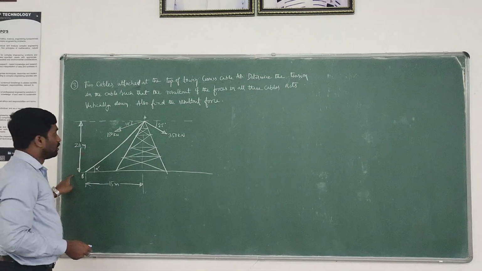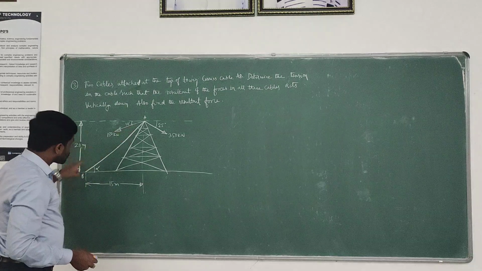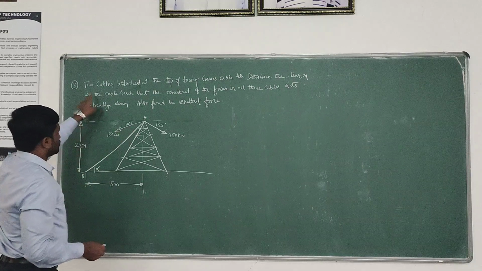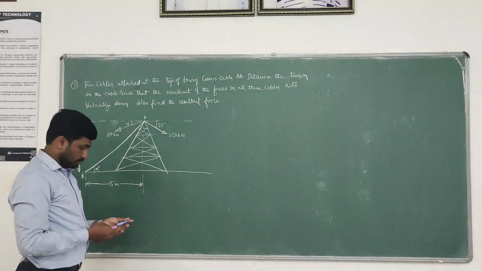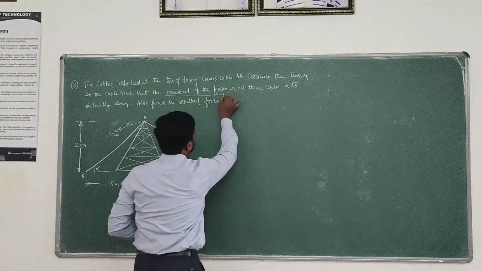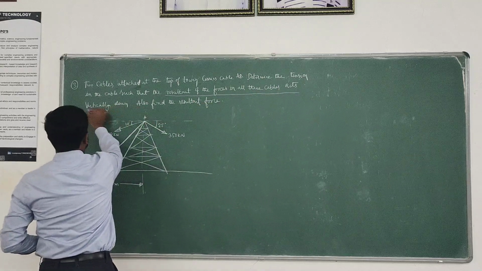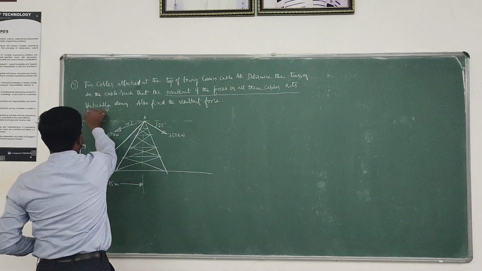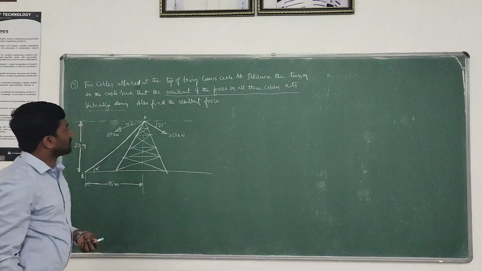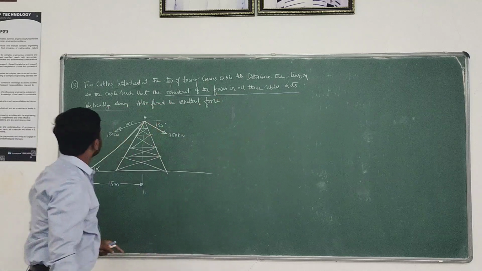This tension is not given, so we have to determine it. This condition is very important: such that the resultant of the forces in all three cables acts vertically down.